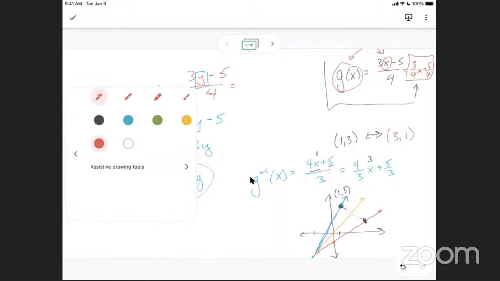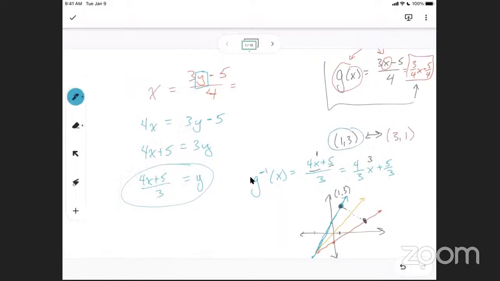So if on the blue graph the point 1, 3 was on it, when you flip the x and the y, remember I talked about flipping the x and the y to find inverses? You're going to get the point on the red graph. So this point right here is 3, 1. And that happens for every point. Every blue point, if you flip the x and the y coordinates, you get to a point that's on its inverse.